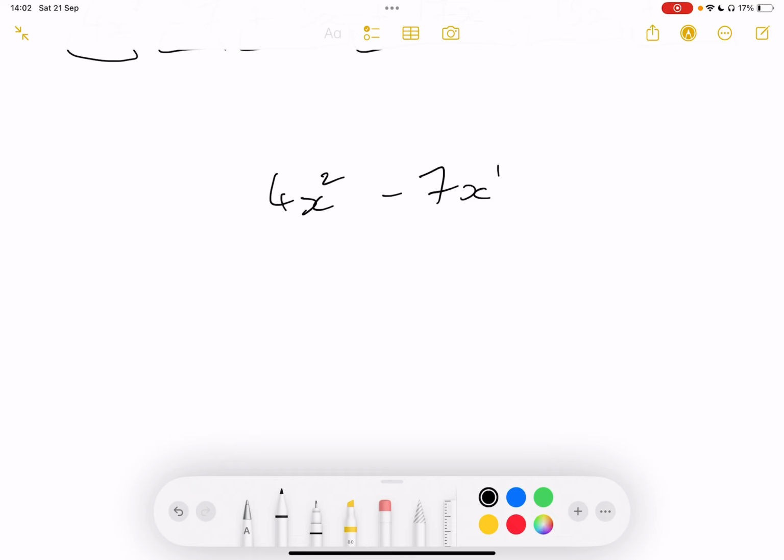This is a quadratic expression. And this is a quadratic expression. But this is not a quadratic expression. Each time, if the highest power on the unknown is 2, then it is a quadratic. If the highest power on the unknown is not 2, then it is not a quadratic.